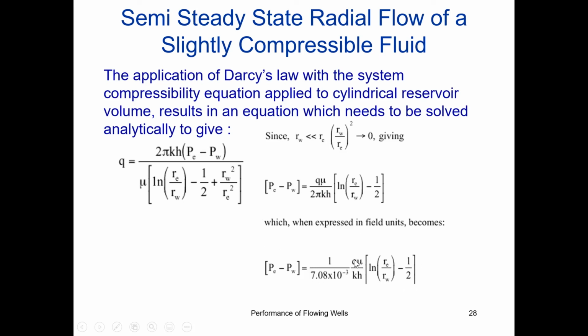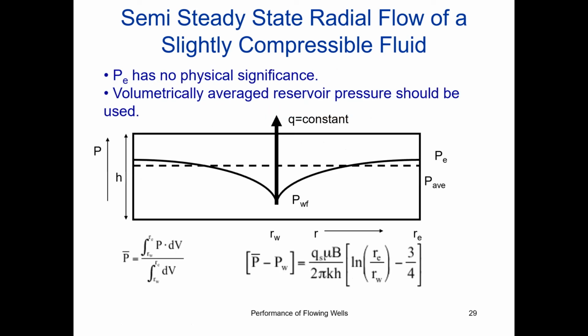You see that again, the flow rate is a function of pressure. So when the fluid is slightly compressible, we can determine the amount of oil production with pressure drop or drawdown, a straight line. But as I said, we don't have the pressure at the boundary.